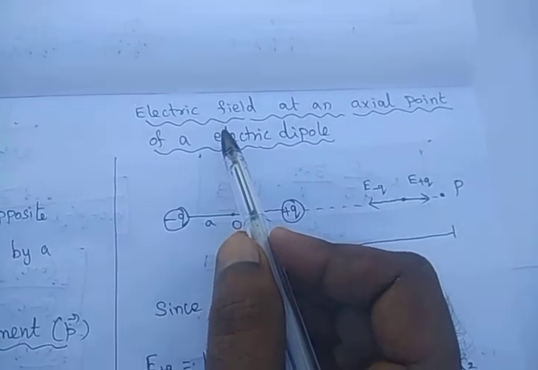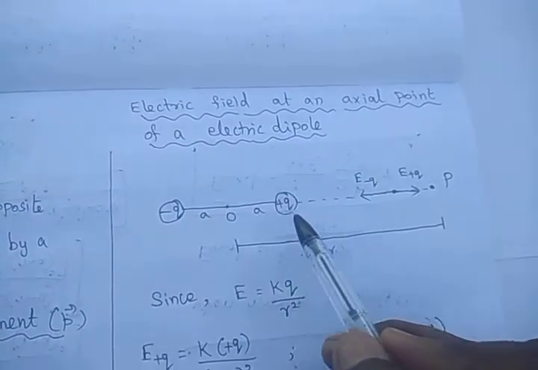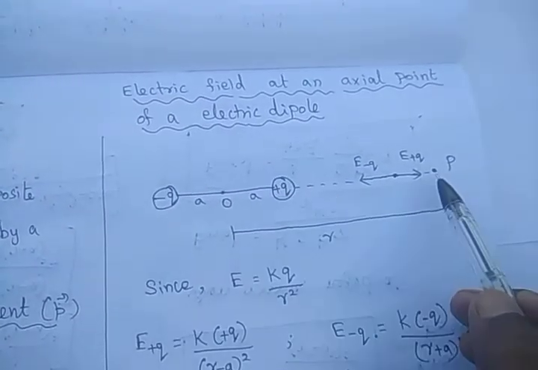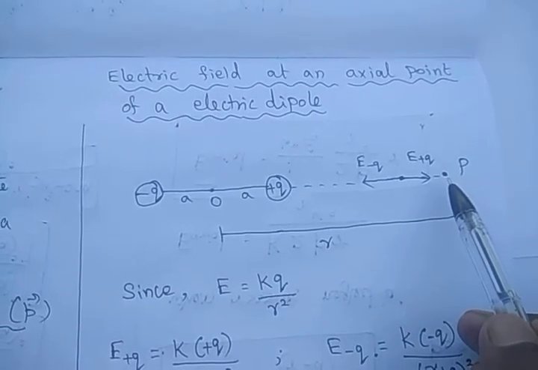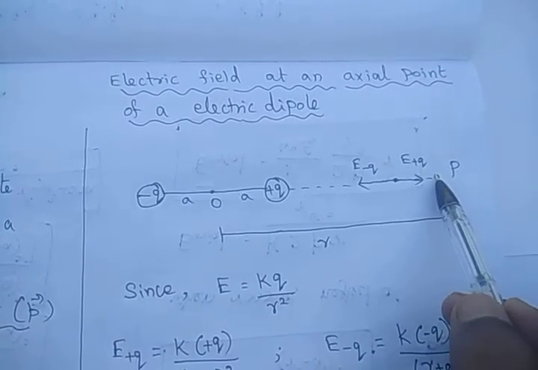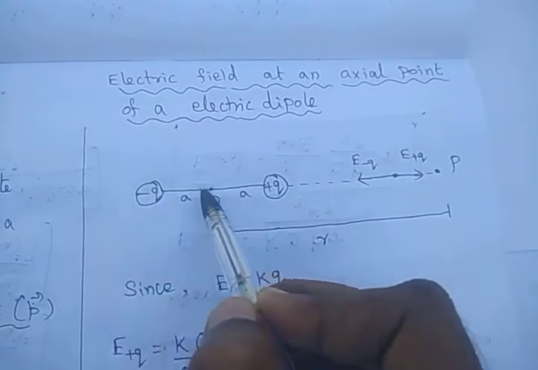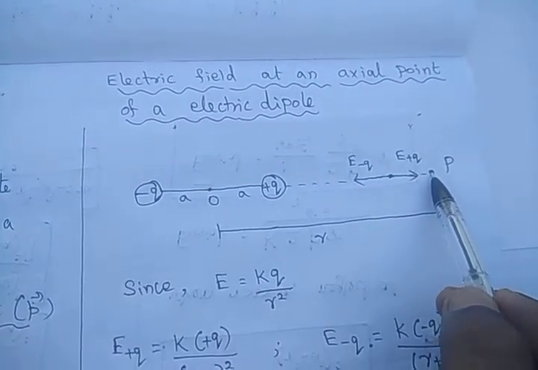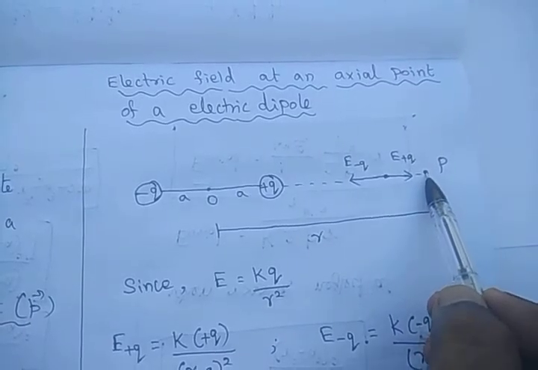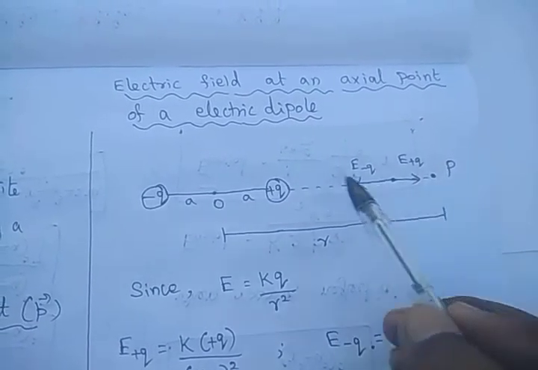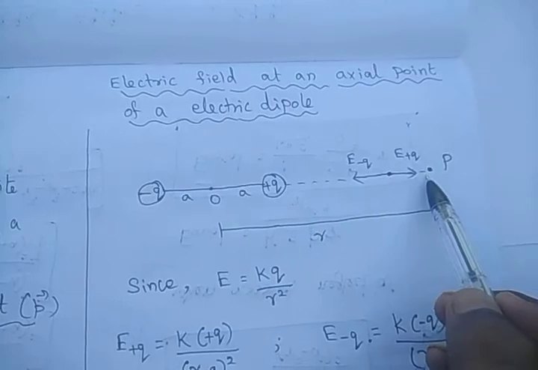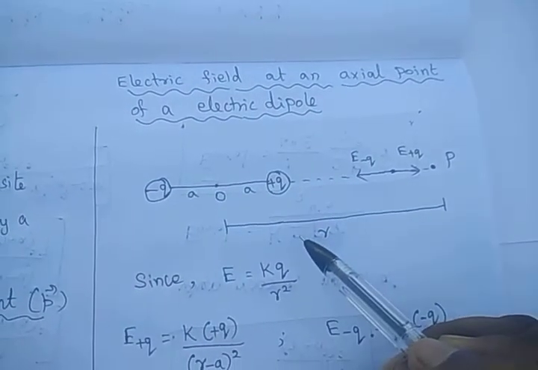That is the electric field of an electric dipole along the axial line, that is, the horizontal line. So we take a point P on the line joining the axial point. If you extend this line along the horizontal, this point joins. At this point, what is the electric field due to this positive charge and what is the electric field due to this negative charge?